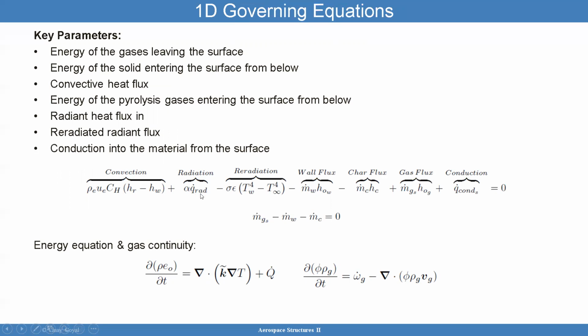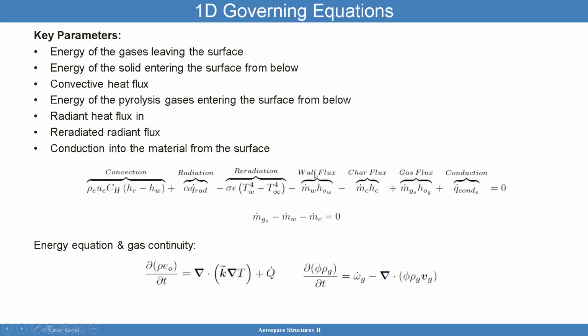You have the radiation term, which is going to account for radiative heating. So the hot gas itself can radiate heat into the material. Then the re-radiation, which is going to have the Stefan-Boltzmann coefficient here, epsilon, and then you have sigma here. So these are constants, and now you have this re-radiation term.